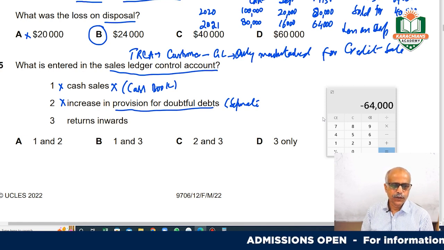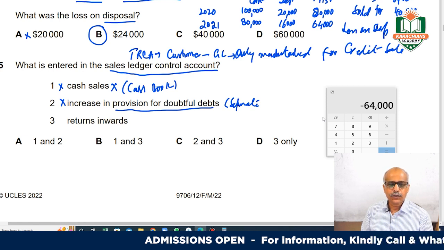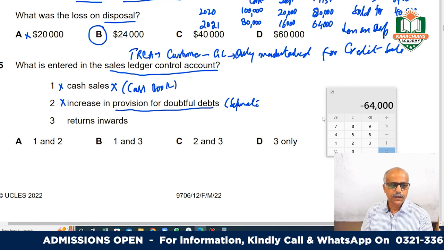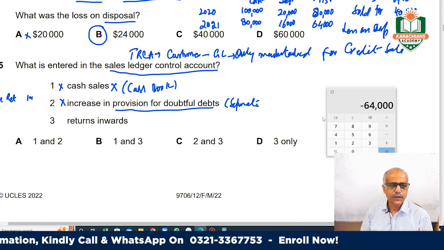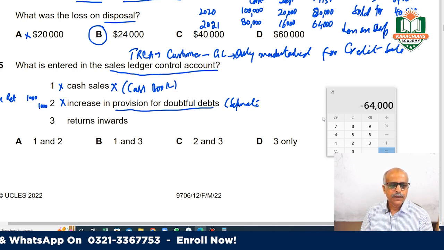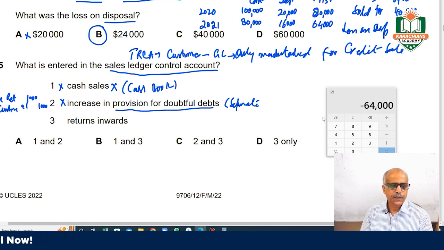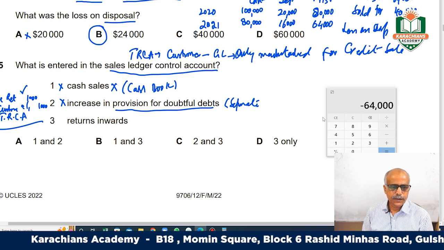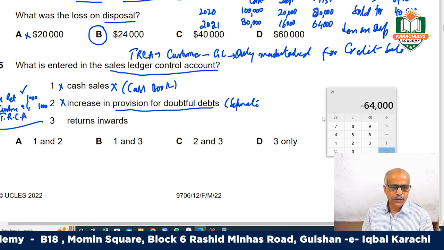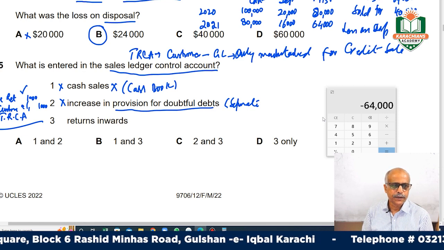When your customer returns goods, what entry do you make? Sales returns debit, say 1000, then you will credit the customer account, and it will have an impact on the trade receivable control account. So returns inward, they do appear, right?